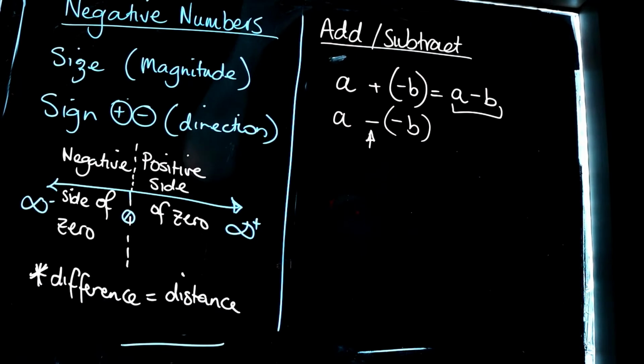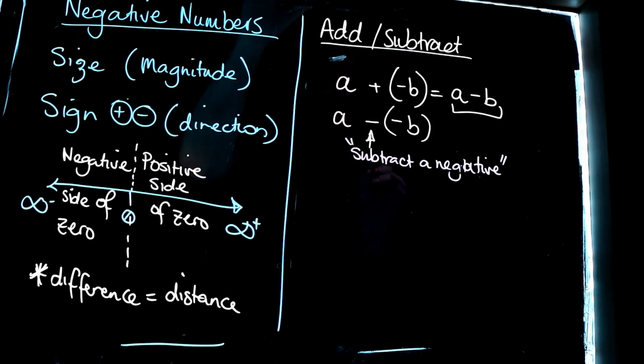But this is what I want to teach you today, that we're in this situation where we have, I'm going to write this, subtract a negative. And when I say those words to myself, it's a clear sign that I need to do something.